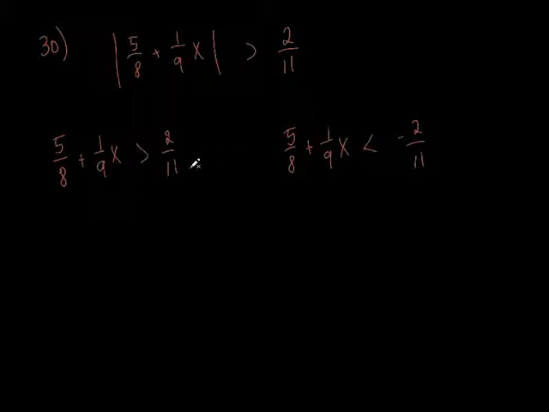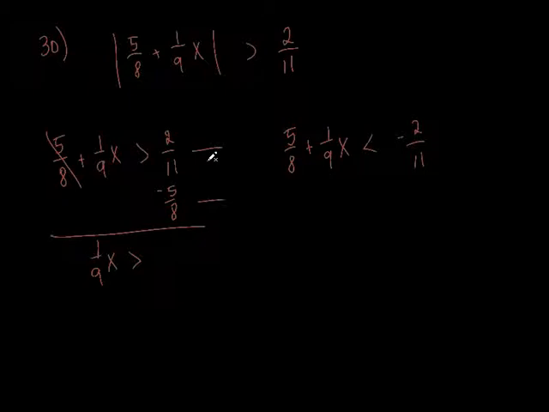Now it's fractions. I understand. You just love fractions, don't you? So let's see what we get. We got to solve for x, so what do we get rid of? The 5/8. So we subtract a 5/8 from here and from here. That's 1/9 x is greater than. What do we need to find here? Common denominator. What would that be? 88.